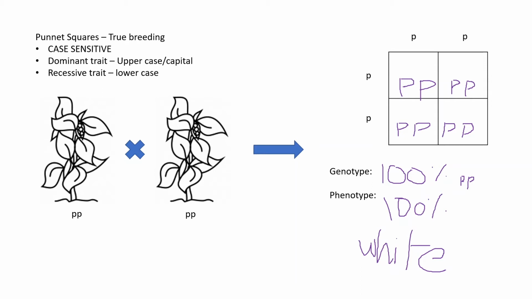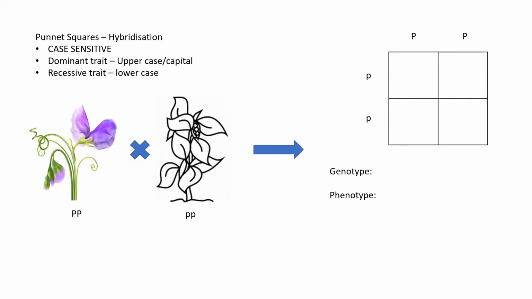Now let's do a Punnett square for hybridization, and let's illustrate dominance and recessiveness through the Punnett squares. In hybridization, Mendel grabbed a purple flower pea plant and a white flower pea plant.